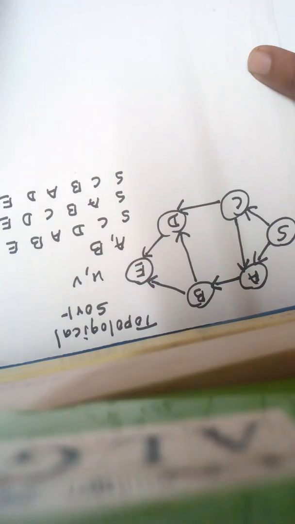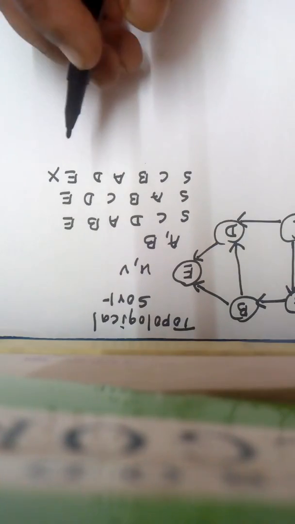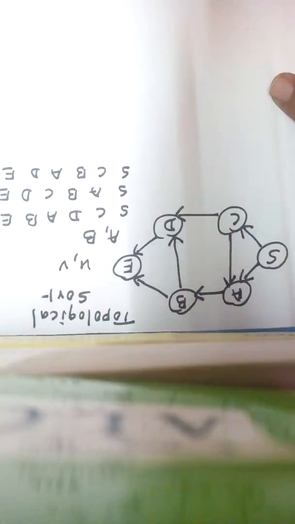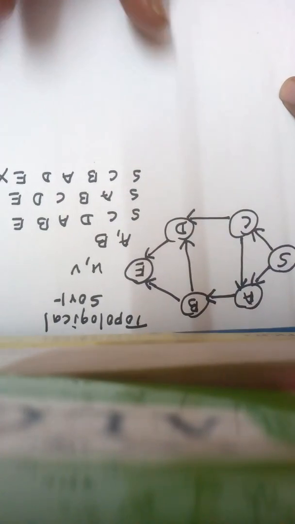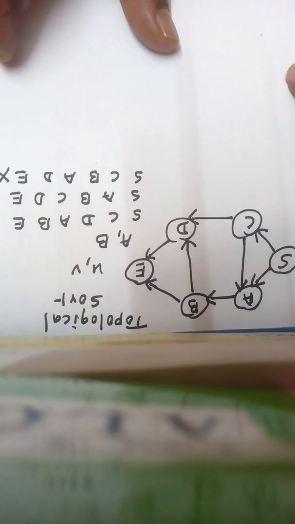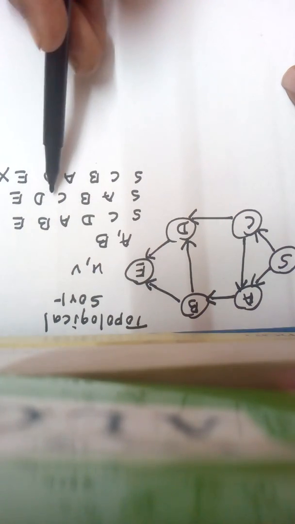So this is not a proper ordering. Okay, now the solution for this topological sort for a given directed acyclic graph is not unique, in the sense we can have multiple solutions.